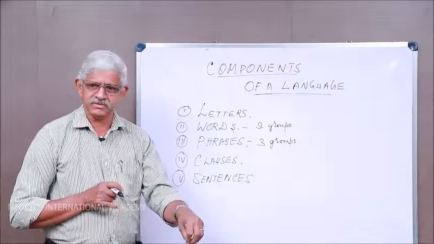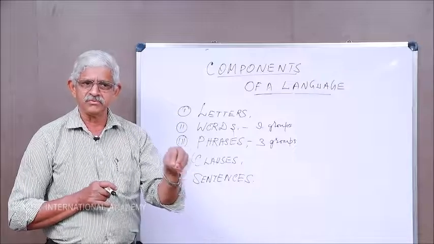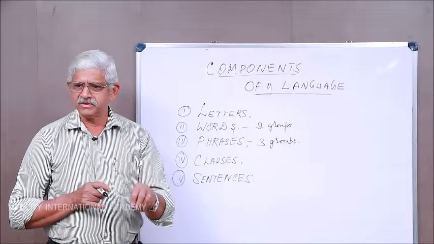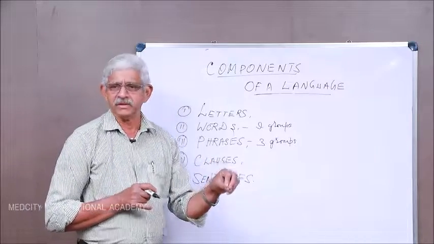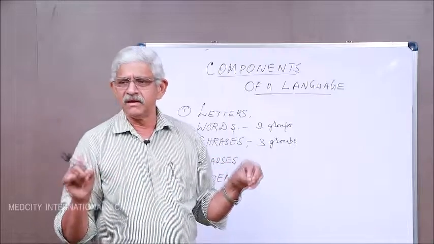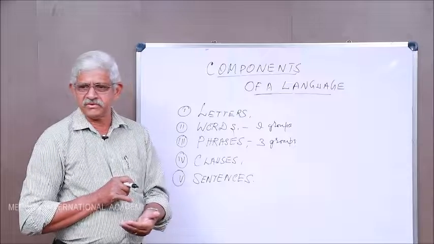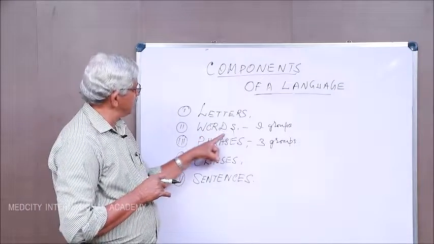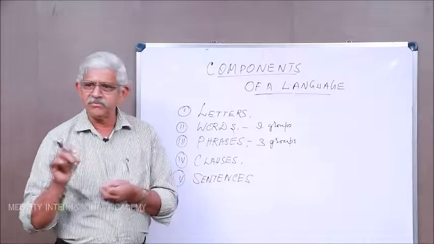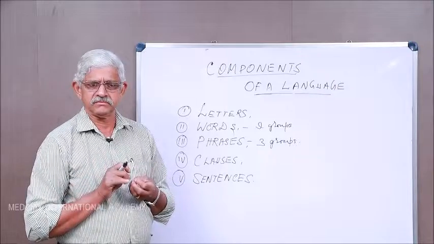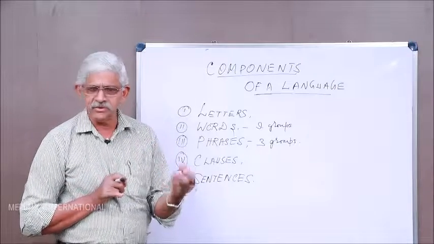Then, before going to the next component, let us try to remember what these 3 are. What is a phrase? It's a group of words without a subject and verb, giving some meaning. It is part of a large sentence. There are 3 kinds of phrases. Then, what is a word? It is a group of letters with meaning.